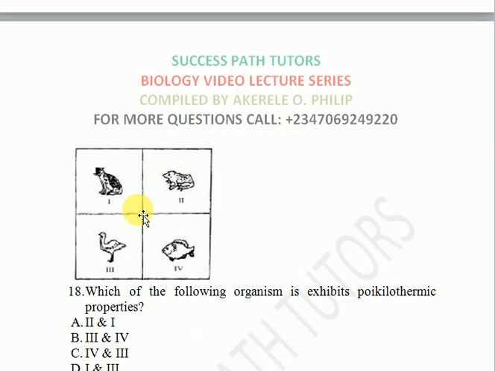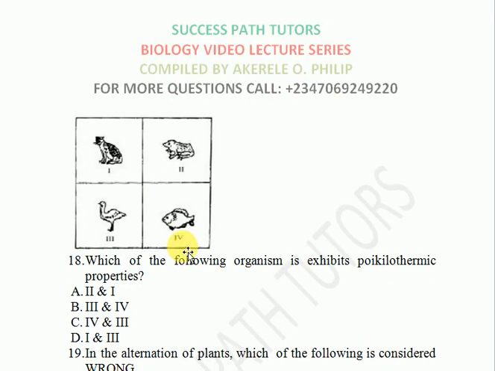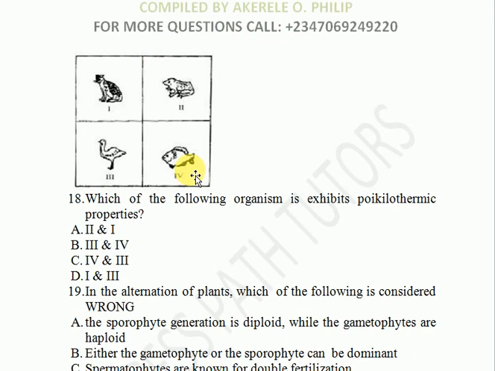Now looking at this diagram, this is a mammal, this is an amphibia, those are birds, these are Pisces, fishes. So the following exhibit poikilothermy, which means it's cold-blooded. That would be Pisces and amphibia, that is 2 and 4.